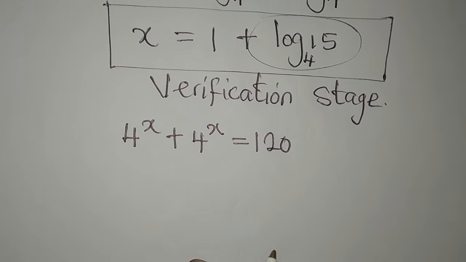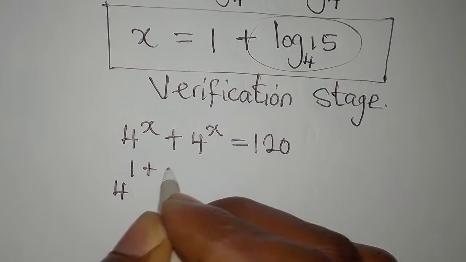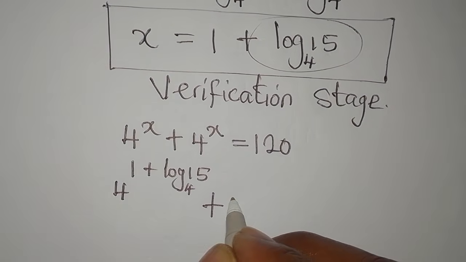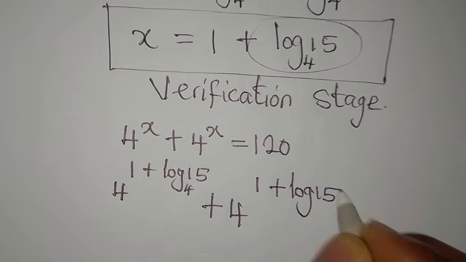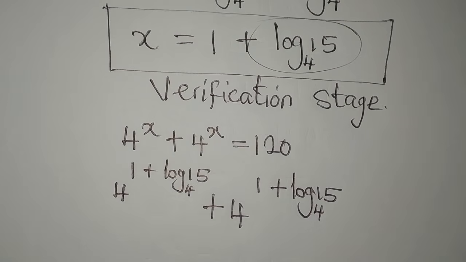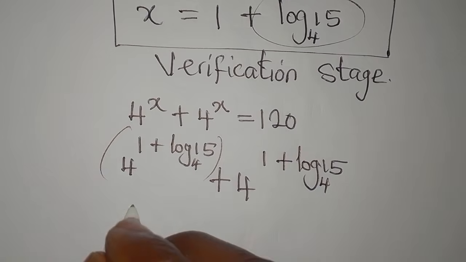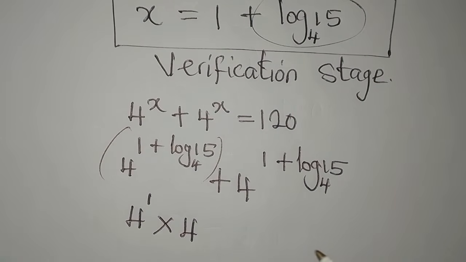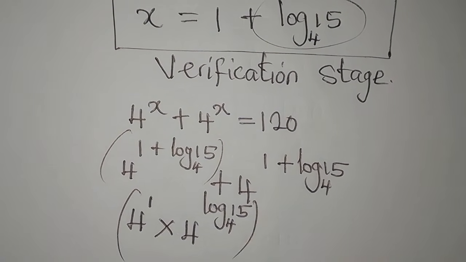So that in place of x now, I will put 1 plus log 15 to base 4 plus 4 again to the power of 1 plus log 15 to base 4. Then this right here can be split to get 4 to the power of 1 multiplied by 4 to the power of log 15 to base 4. Right? This is for the first here.